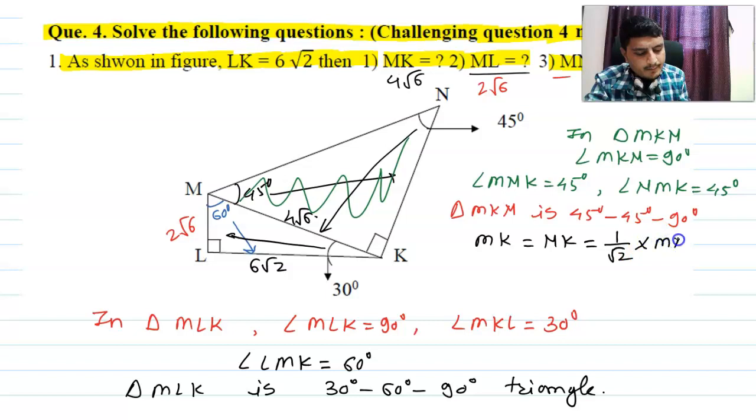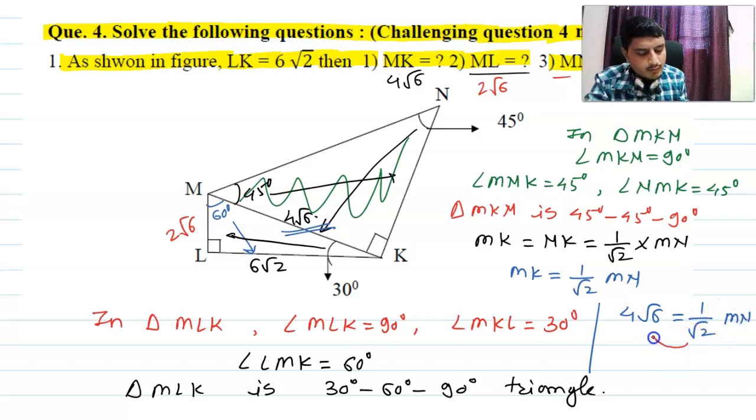The hypotenuse is MN. Now considering MK equal to 1 upon root 2 times MN, because we want the value of MN here, and we have the value of MK, that is 4 times root 6. So 4 times root 6 equals 1 upon root 2 into MN.